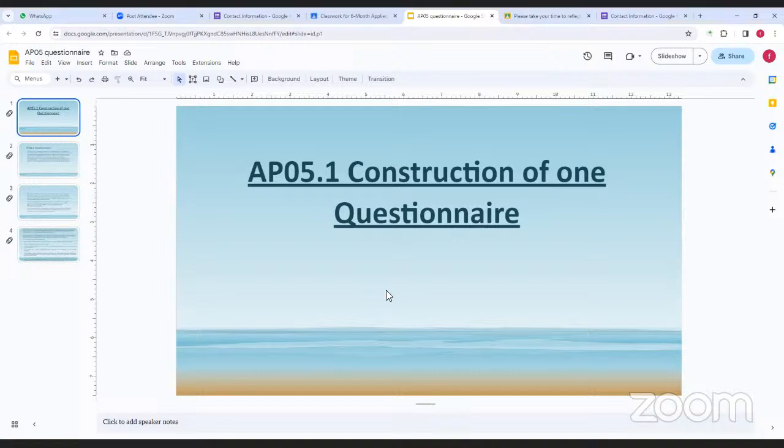The questionnaire is basically measuring the construct, and the item is the unit of behavior that represents the construct.